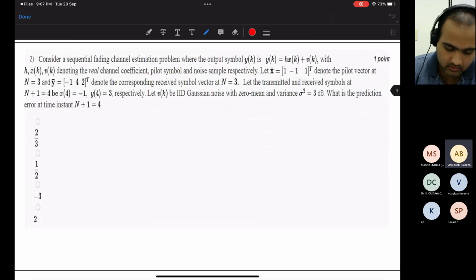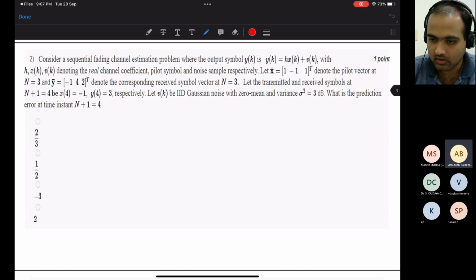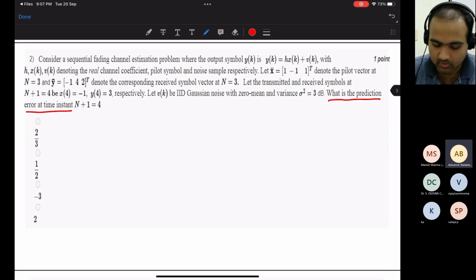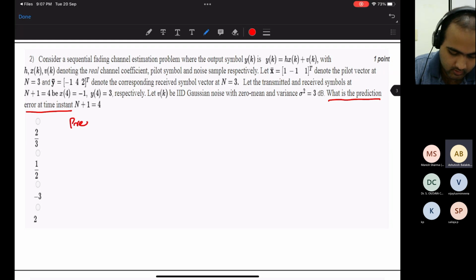Now we have the same problem which was given in the previous problem, and the question asks what is the prediction error at time instant n+1. Let us solve this. Just to recollect, what is the prediction error?